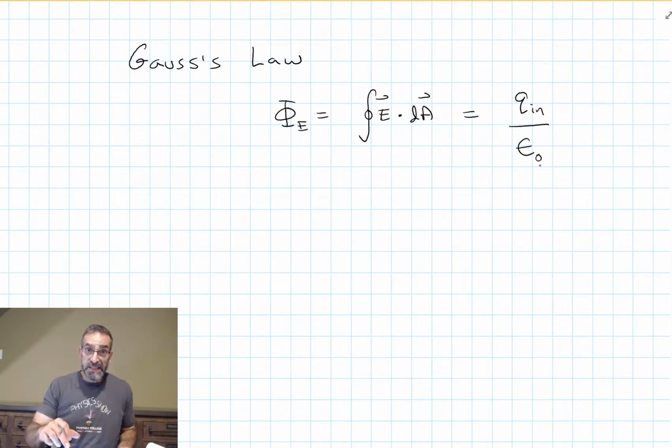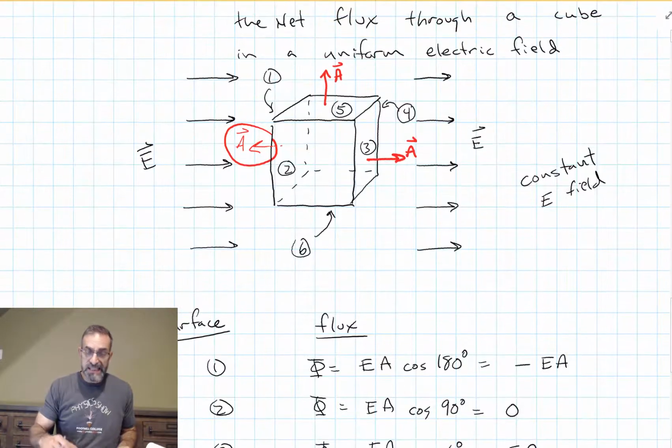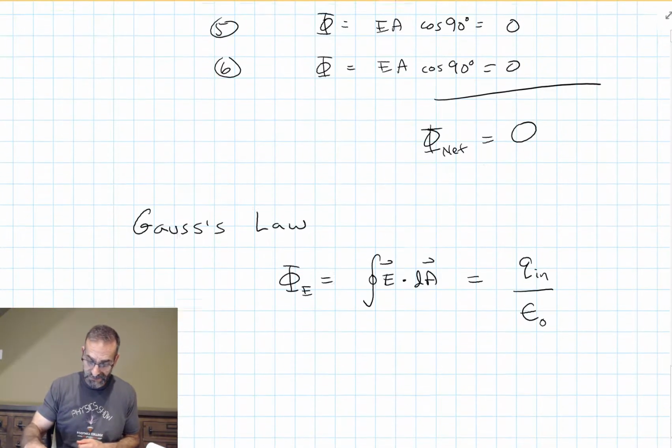Let's think about our previous example real quick, and then we'll come back and talk about this some more. In the previous case, we just had a box sitting in an electric field, no charge inside. So Gauss's law would tell us if Q inside is 0, there's no charge inside the box, there has to be a net flux of 0, and that's what we got when we did the calculation.